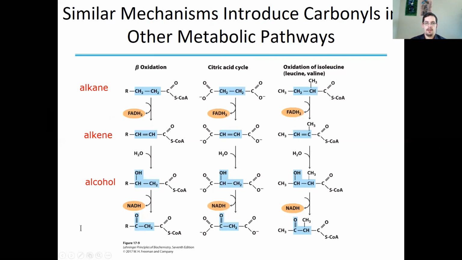And then, again, our final step, we oxidize from that alcohol to the ketone. This is done by our beta-hydroxyacyl dehydrogenase, versus, of course, in the case of the citric acid cycle, we had our malate dehydrogenase that converted the alcohol to the ketone, from malate to oxaloacetate.